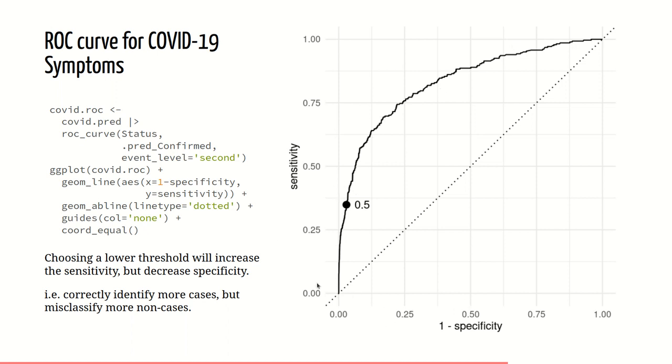Okay, and there's our 0.5 threshold. So you can see that when we use the 0.5 threshold, we have very high specificity, which means low 1 minus specificity. So we're getting the non-cases right almost always, but we're getting the true cases wrong almost always, right? So the sensitivity here is only about a third, 33%, which is what we saw was the classification rate for the cases.